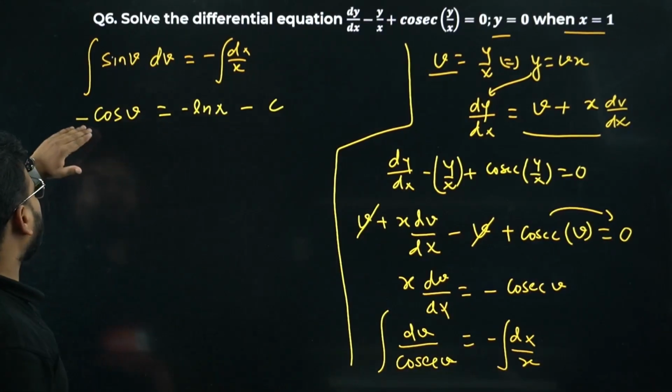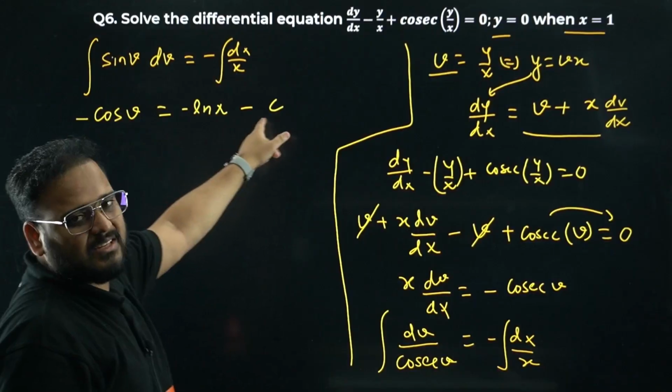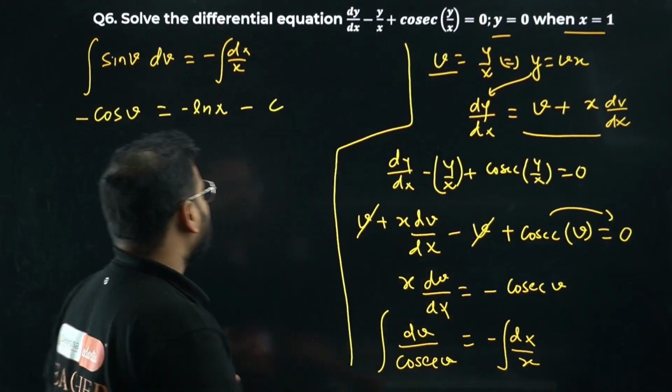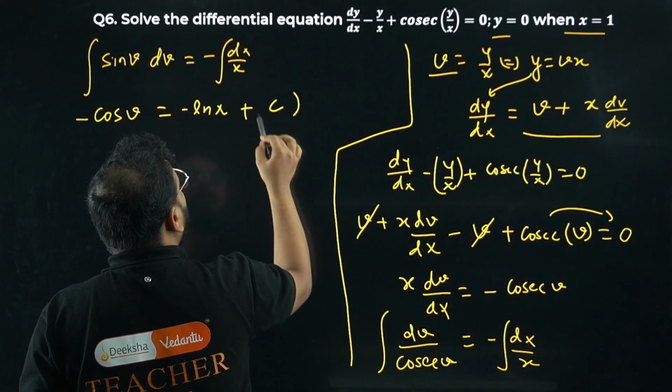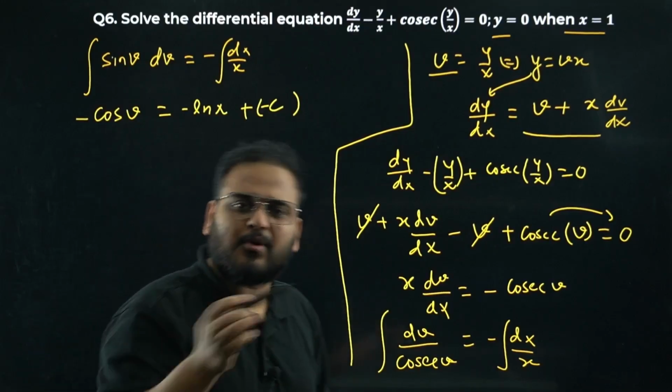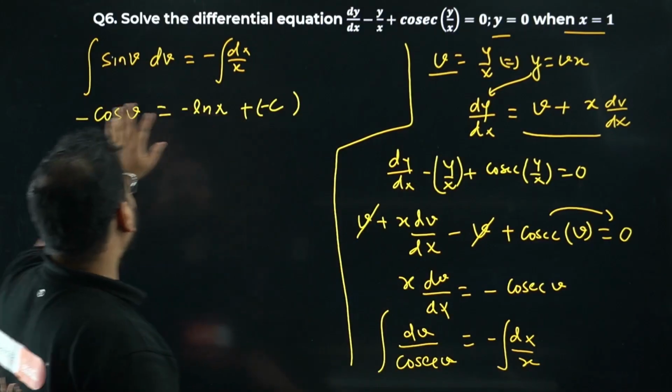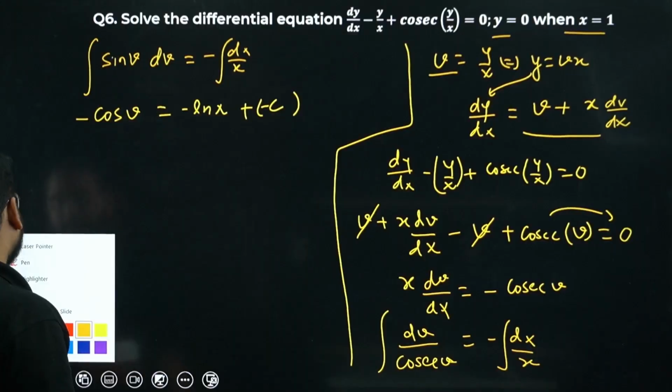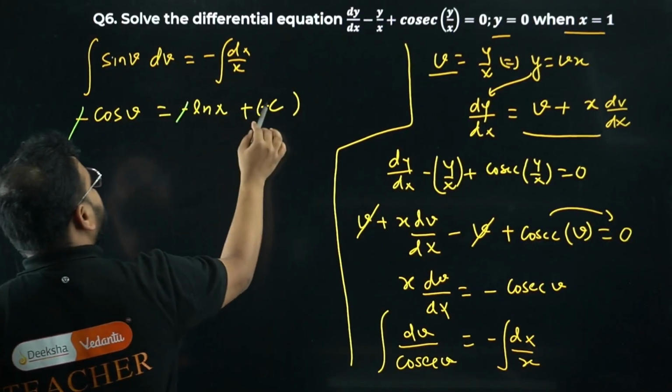Check here, we have a minus sign here and a minus sign here. If I put minus c, that is okay, right? A constant can be negative also. So basically I'm asking you to do plus or minus c. It's a constant value, can be positive or negative, doesn't matter. So basically I'm trying to cancel the negative sign. This is cancelled with this.